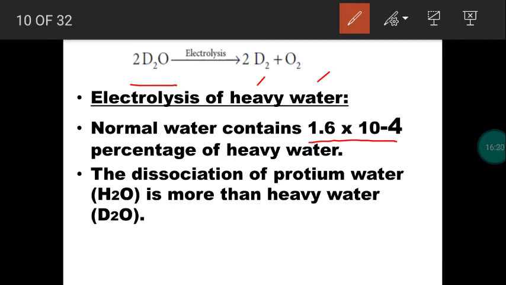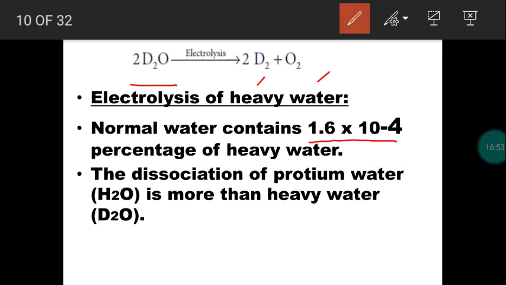So we are going to prepare deuterium from heavy water, so we need a concentrated solution. Then only we can do the dissociation process. So for that we do what? Electrolysis. When we do electrolysis, first ordinary water molecule will be dissociated to produce hydrogen and oxygen. We don't want ordinary hydrogen. So continuously we do the electrolysis process, right?